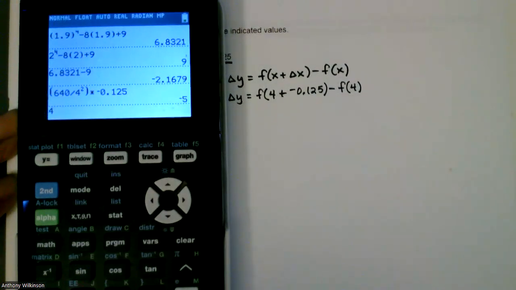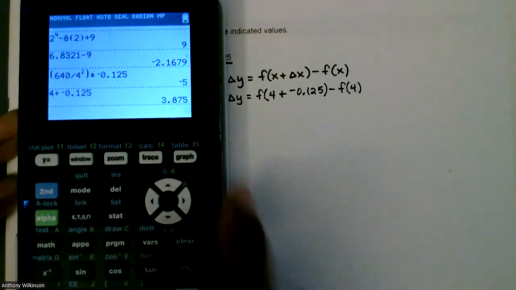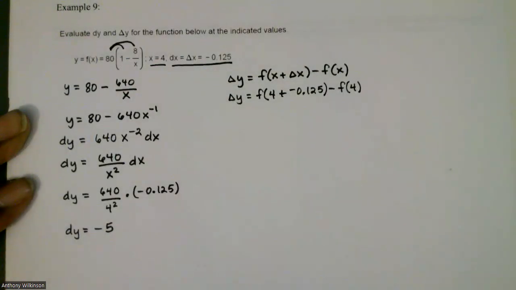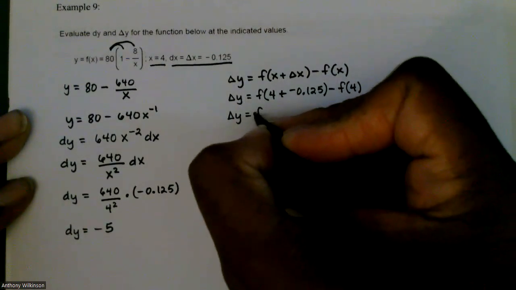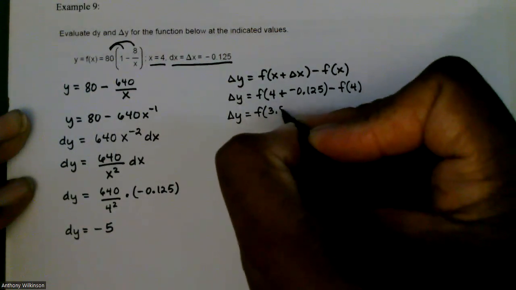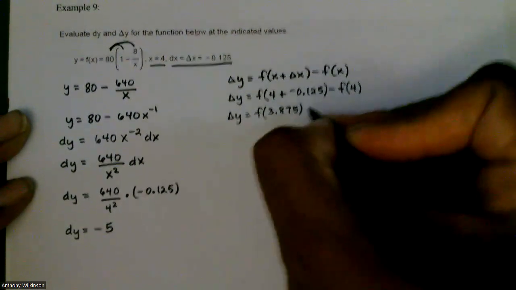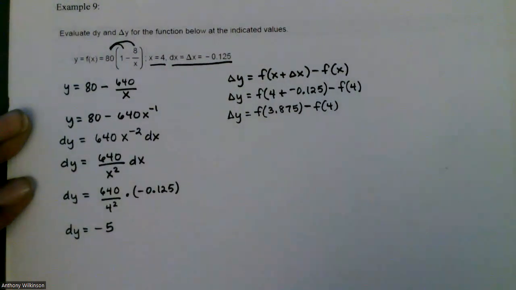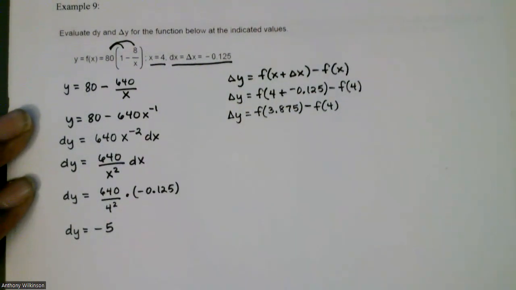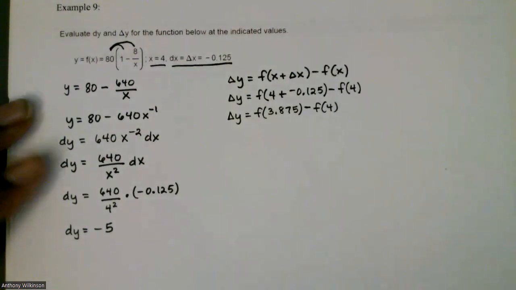And if I do 4 plus negative 0.125, this will be 3.875. So delta y would be f of 3.875 minus f of 4. Now let's evaluate f of 3.875.